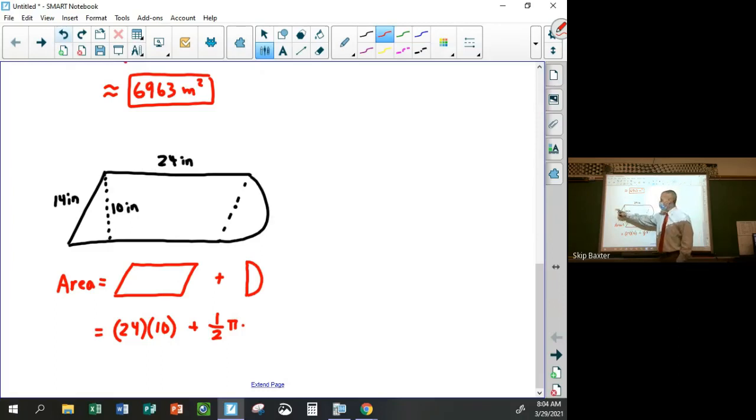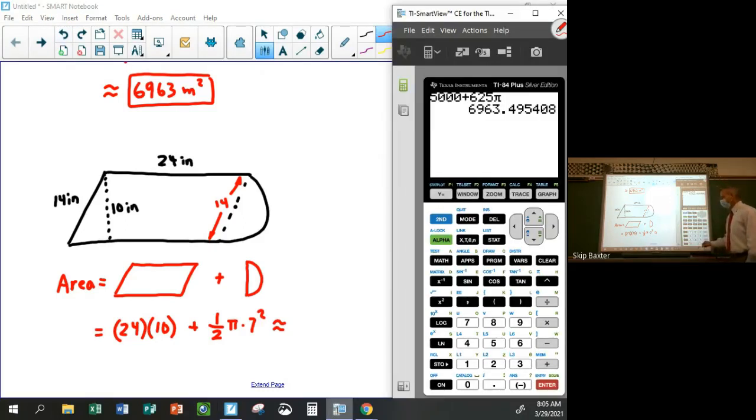Now, here you have to think this through. If that's 14, this is also 14, right? Because it's a parallelogram, opposite sides are the same length. So the radius is just 7. 7 squared. Okay? So again, let's say they asked us to find this to the nearest tenth or something. You could just type this all into your calculator. 24 times 10 is 240.